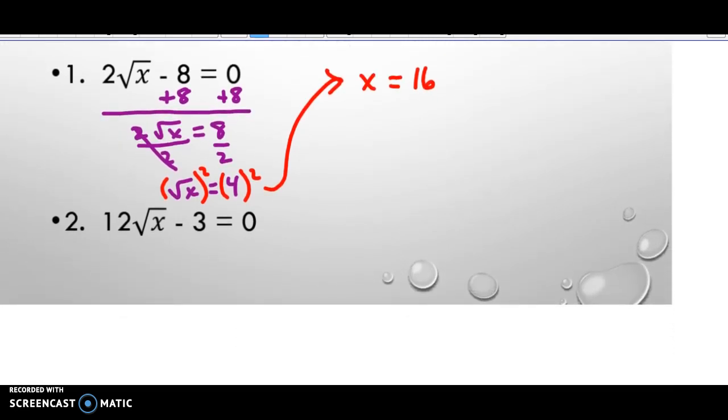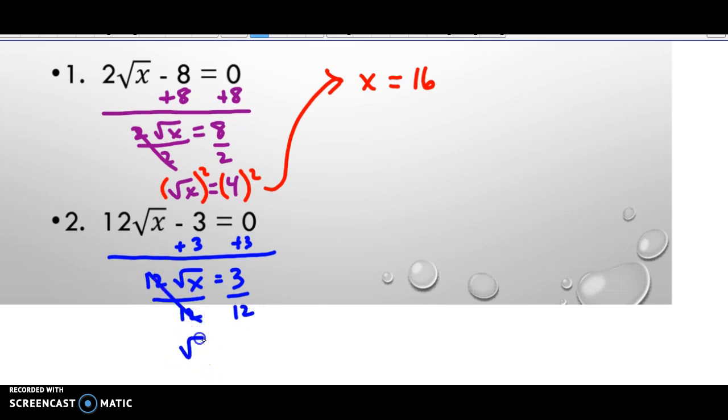Let's look at a second example here. We're going to follow the same procedure. I'm trying to isolate the radical x. So first I'm going to undo the minus 3 by adding 3 to both sides, which gives me 12 radical x equals 3. Now to isolate, I'm going to get rid of this times 12 by dividing both sides by 12, which leaves me with radical x equals 1/4.